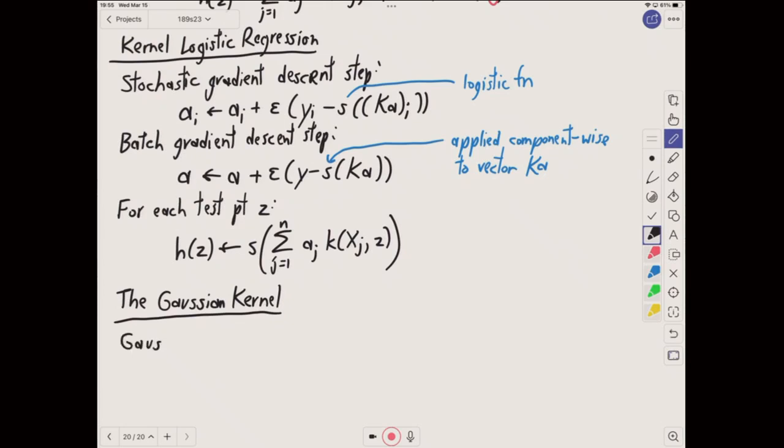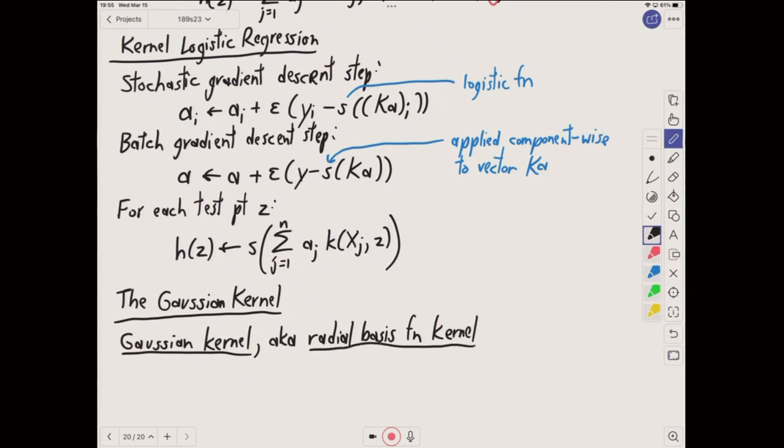So now we're going to essentially lift our sample points into an infinite dimensional space. And that's going to give us something called the Gaussian kernel. Occasionally, you'll also see this referred to in the literature as the radial basis function kernel, which I think is not as good a name because there are a lot of different radial basis functions, but whatever. So, it starts with the following claim.